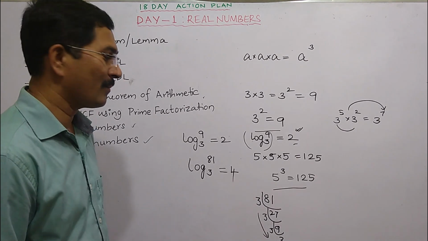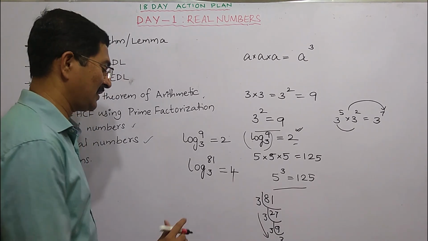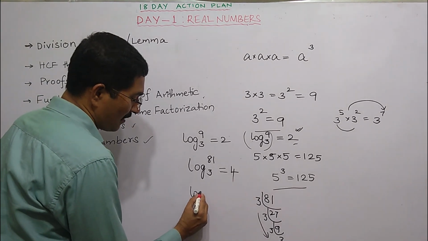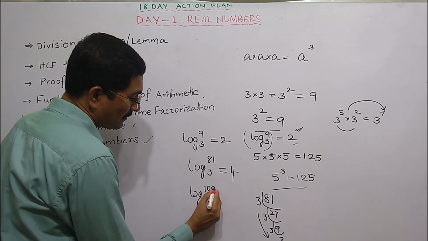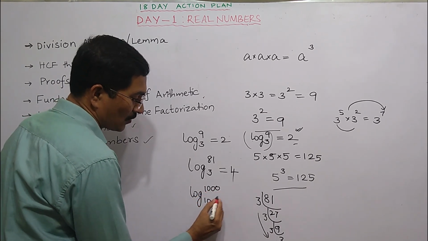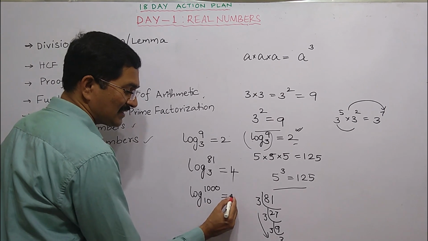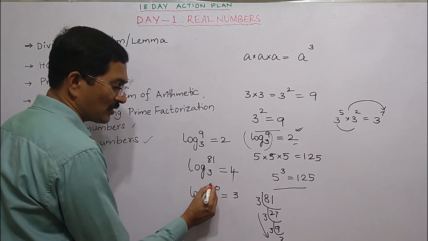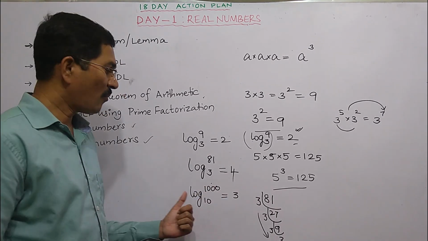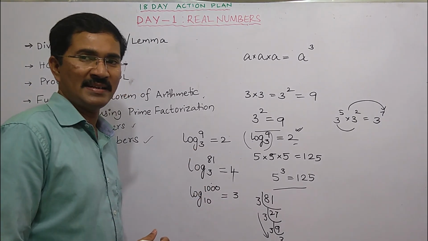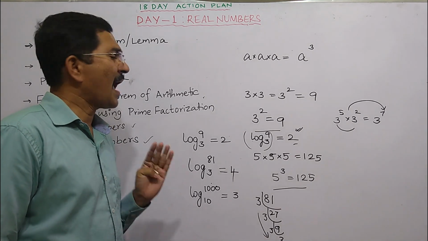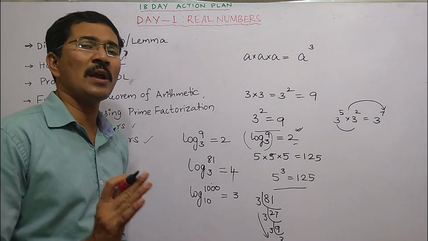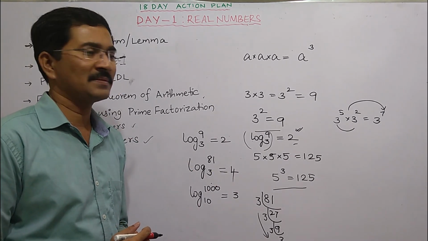So please concentrate on this. When I say log 1000 to the base 10, what does it mean? It means 3. How many times should you multiply 10 by itself in order to get 1000? 3 times. This understanding will give you the answer for all the questions that you have in your logarithms.